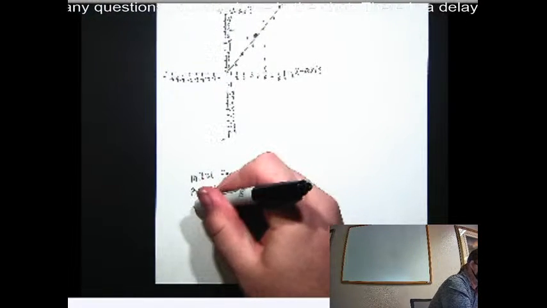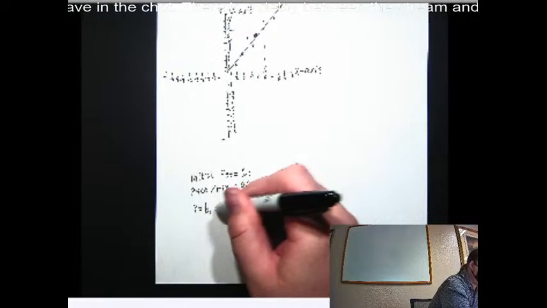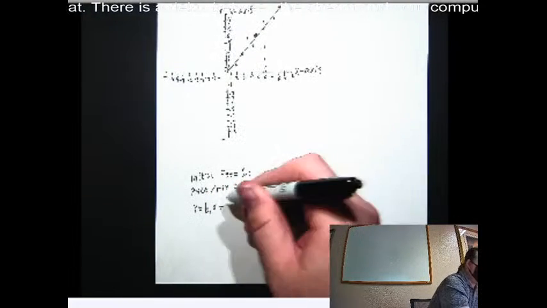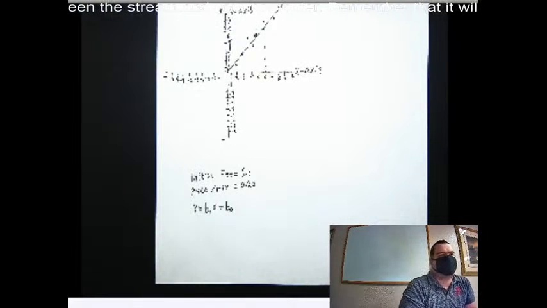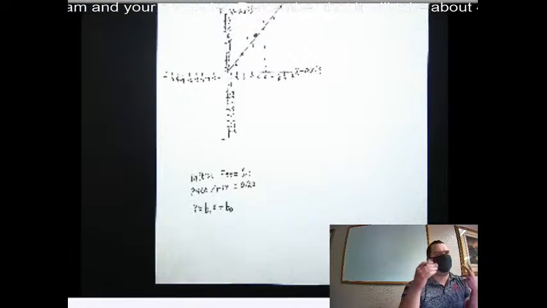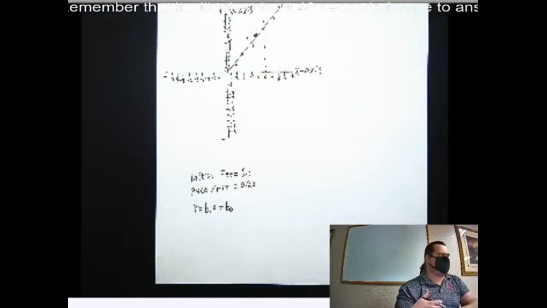Now remember that our model that we're trying to make this fit into is y equals b sub 1 x plus b sub 0. So let's think about what this model looks like in terms of this phone subscription.